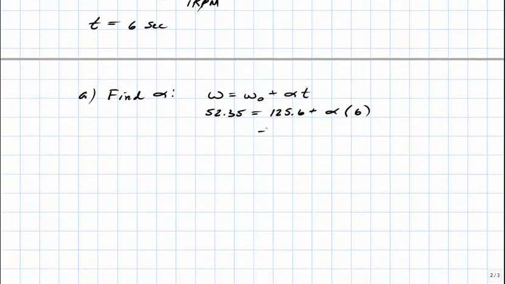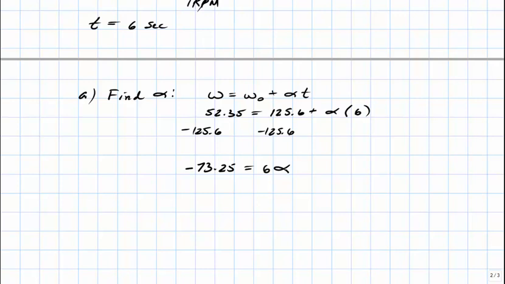We're going to subtract 125.6 from both sides. The result is negative 73.25 equals 6 alpha.